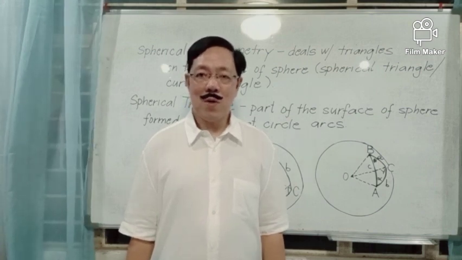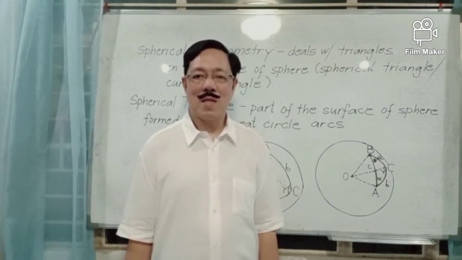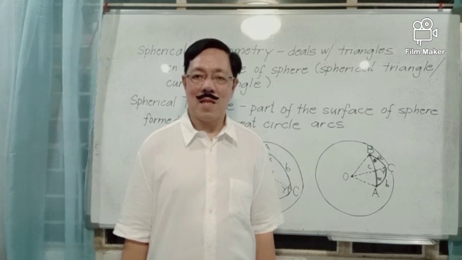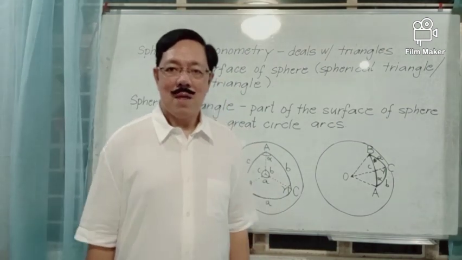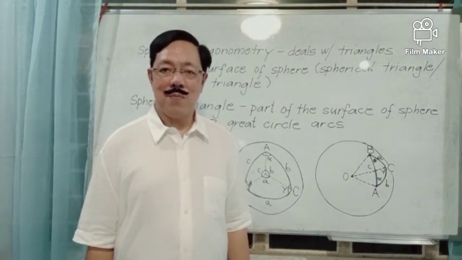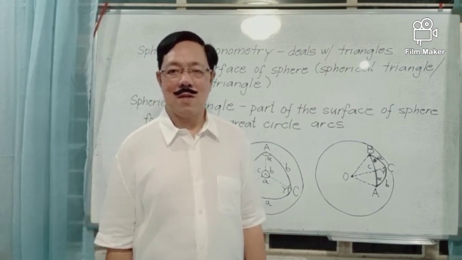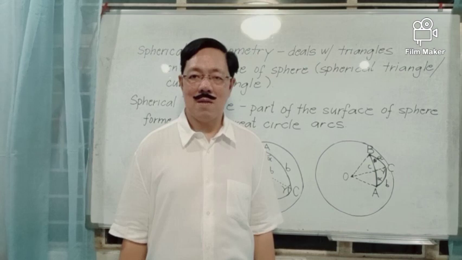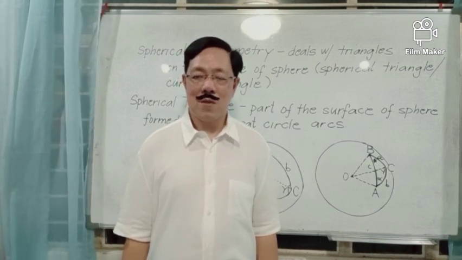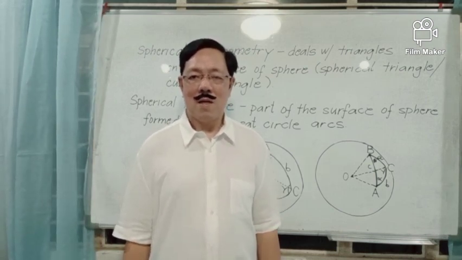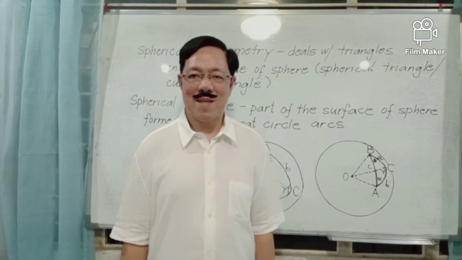In order to form a spherical triangle, you need three great circles. And the intersection of the arcs or parts of these three great circles is a spherical triangle, a triangle on the surface of the sphere.